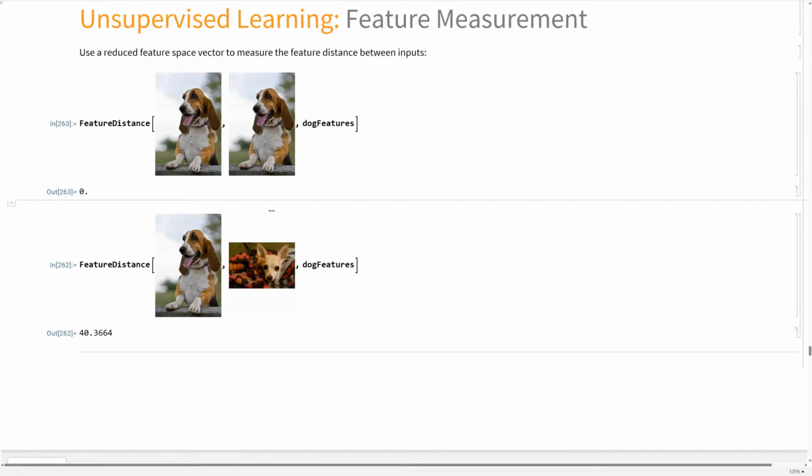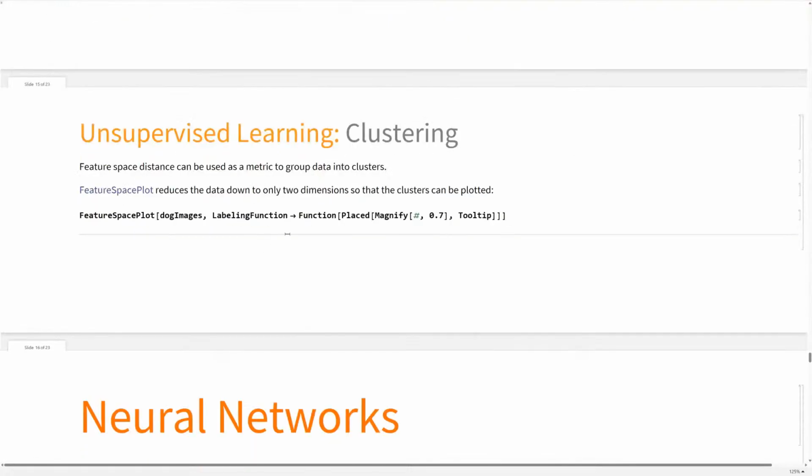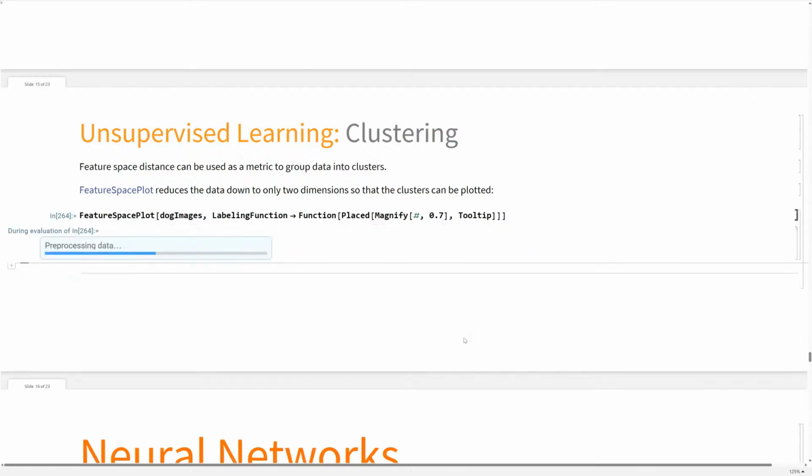If the distance is smaller, it means they're closer in features, but if the distance is bigger, then they're more different. So we can use this feature space plot function to visualize the images, where they sit and how far away they are from each other.